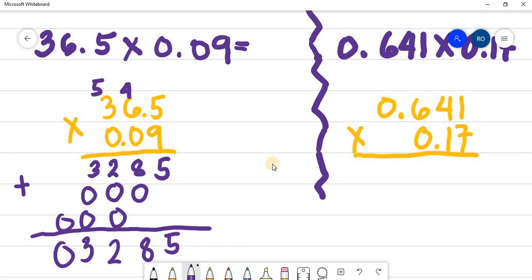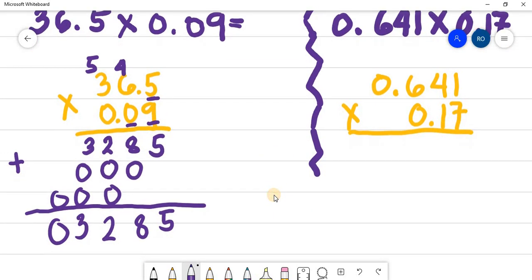Now the decimal point of the product will depend on the total number of decimal places. In 36.5, we have 1 decimal place. And the multiplier, 0.09, has 2 decimal places. So if we count the total decimal places, we have 1, 2, 3. So our product must have 3 decimal places.